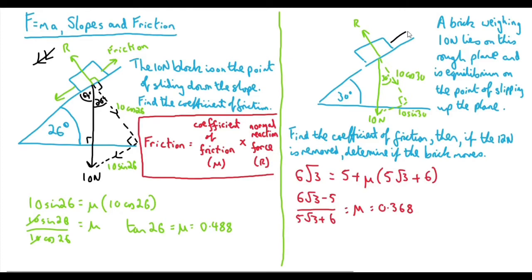Friction is now going to be in the upward direction. So, as I say, we can take this component of the weight going down the slope as still being 10 sine 30, which will still have a value of 5. But now that's the only force trying to pull it down the slope, so it's at this stage that we'll go on to compare with the upward being the friction.